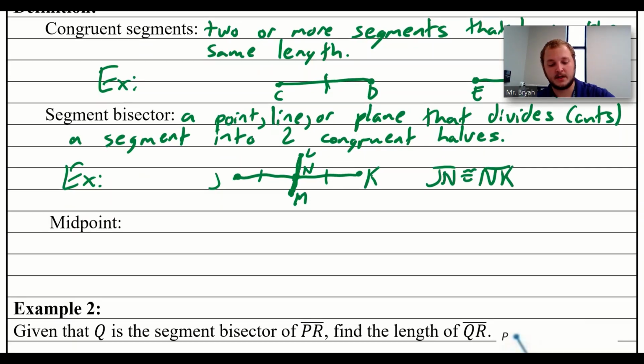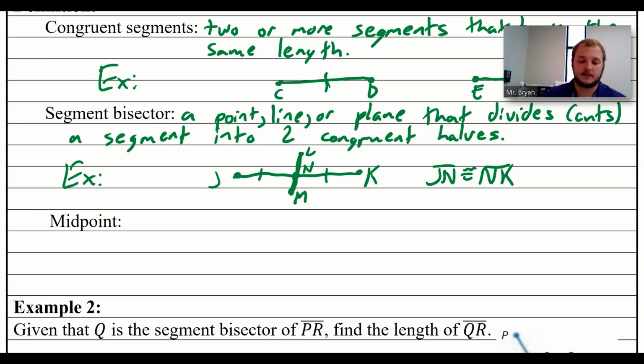Okay? And then the last definition that we need to learn for today is the midpoint. As a technical definition, we'll try to use something similar to what we just talked about. The midpoint is kind of what you'd expect it to be.